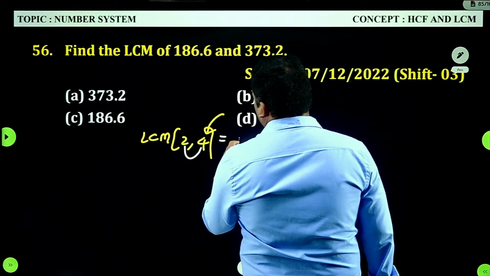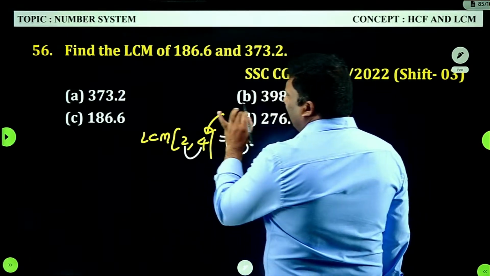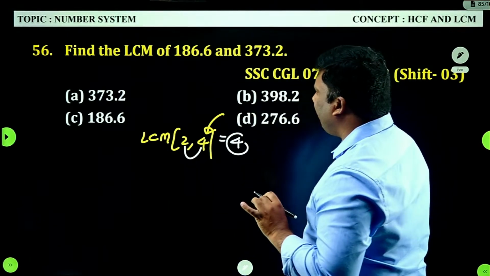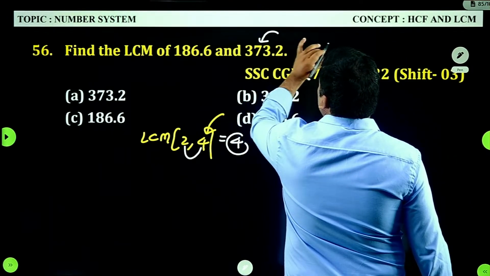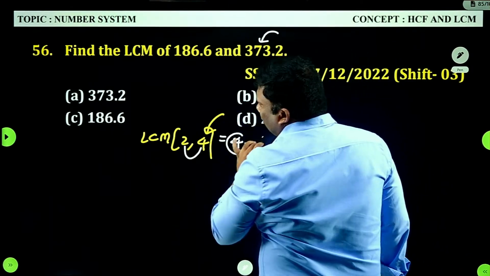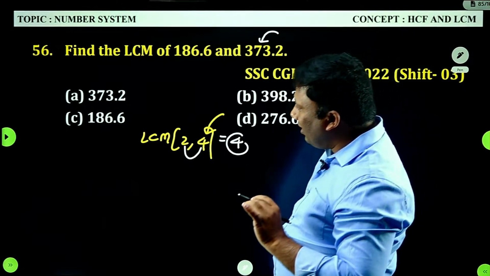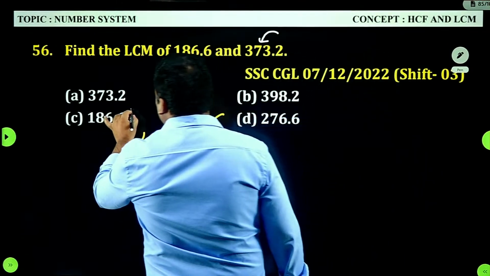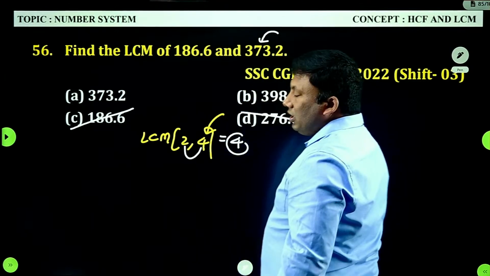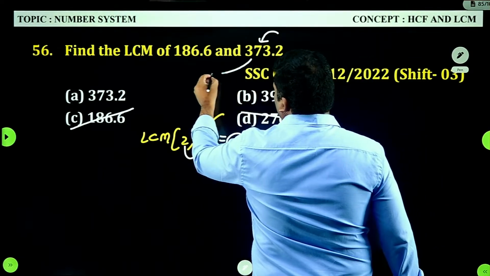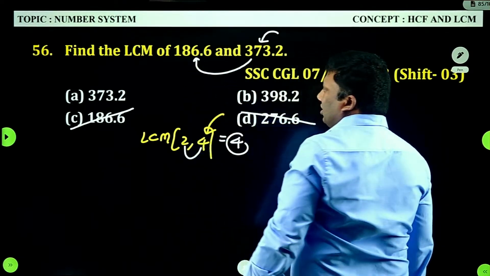So, 4. Whenever you are solving this kind of question, the answer can be this number or greater than this number. Anything smaller than 373.2, eliminate the option. 373.2 is 2 times this number.